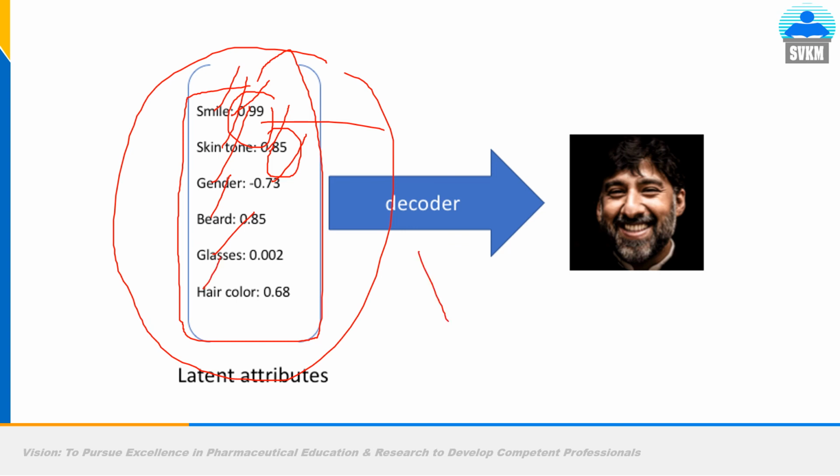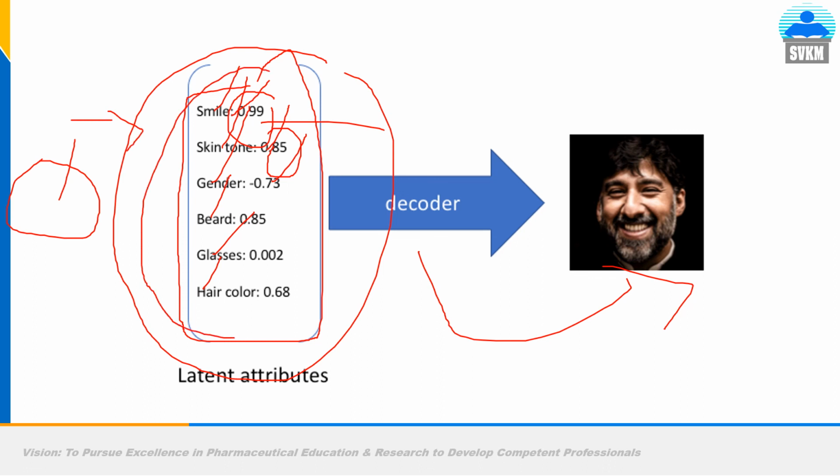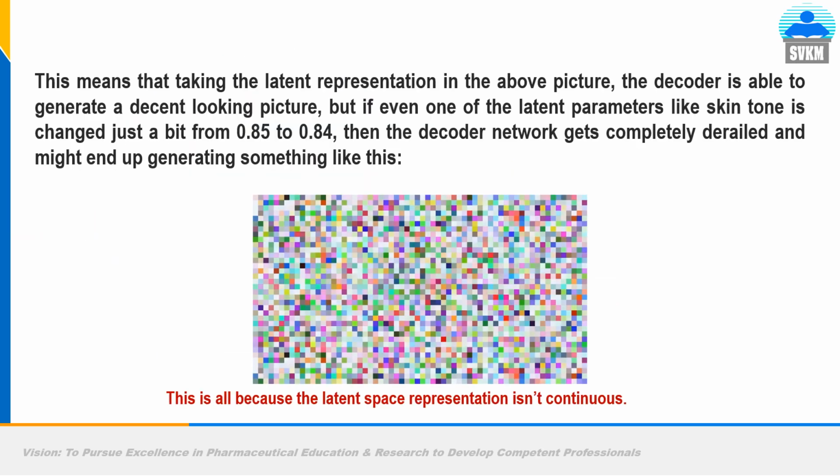After decoding you will get this image. Say for example, here is one image of the same gentleman, the encoder, and this will be the latent representation. You pick one point, you will get the image. But if you change some features in the vector, you will get this type of image, a completely distorted output.